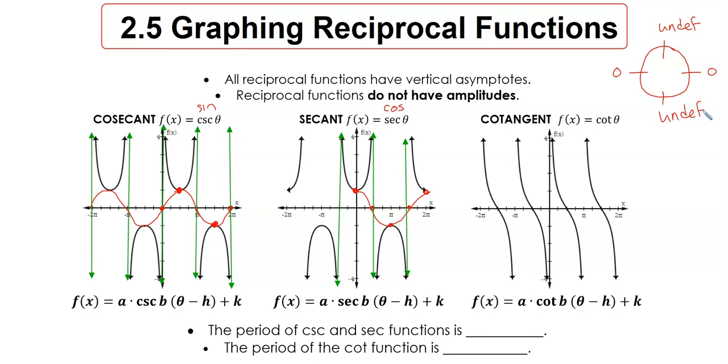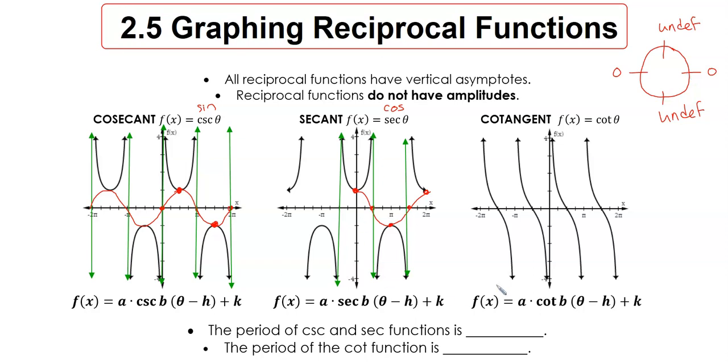From my unit circle, I'm going to be switching what's defined and what's undefined, because these two were divided by 0, but when I take the reciprocal, the 0 becomes the numerator. For cotangent, these become undefined. So where we used to have our asymptotes for tangent are now going to be points on our graph for cotangent.